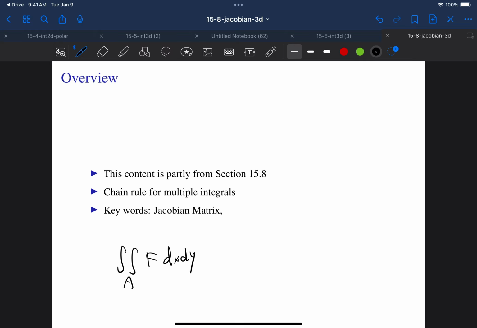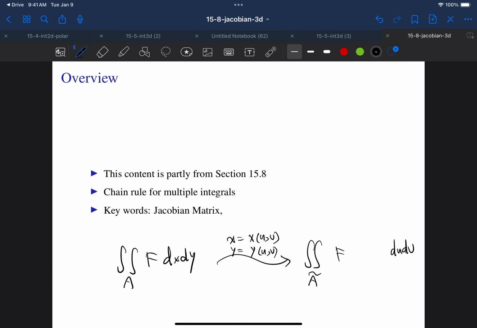Then what you can do is transform it by doing a substitution, like for example, x equals x(u,v) and y equals y(u,v). Then you have a different geometric shape for the integral, which I will call the region after transformation.